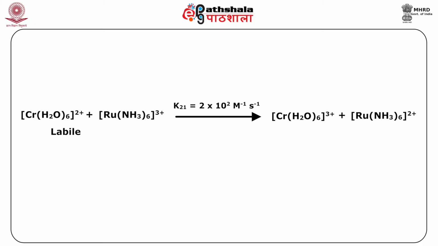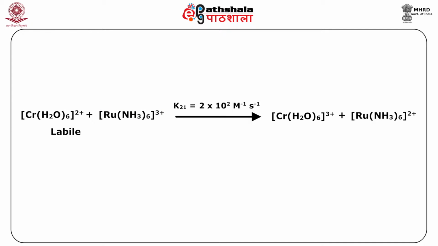They differ by just the oxidation number. In the inner sphere, one of the complexes has a labile ligand or a ligand that is capable of bridging between two centers. But in this case, one is the labile complex, the well known chromium hexaaqua, and one is the inert d6 Ru hexaammine 3 positive.